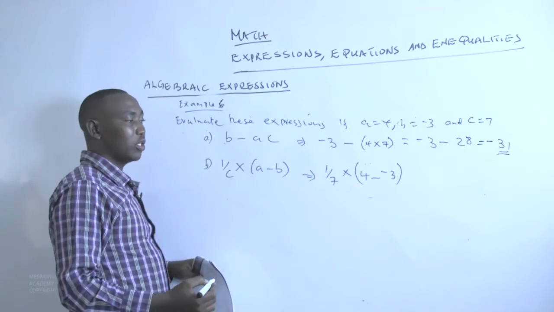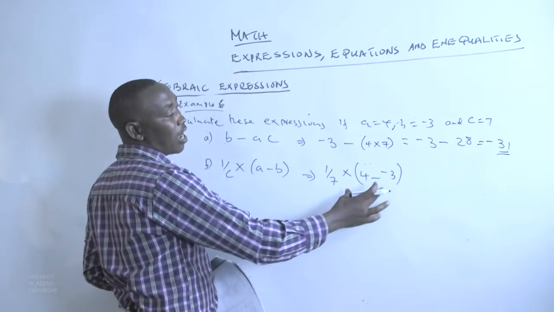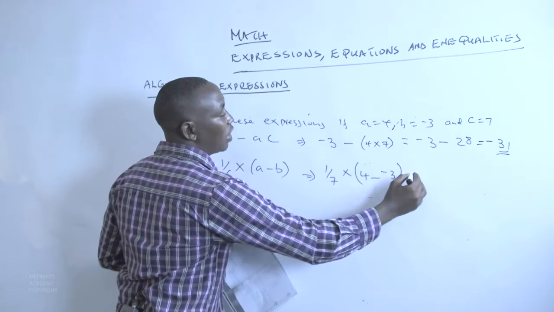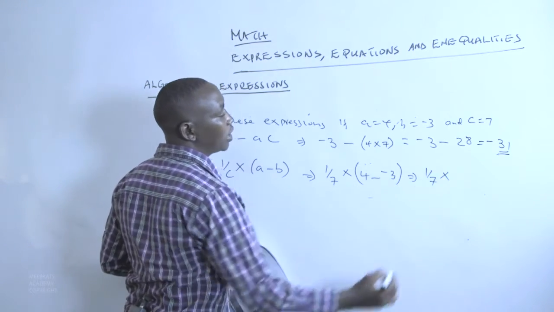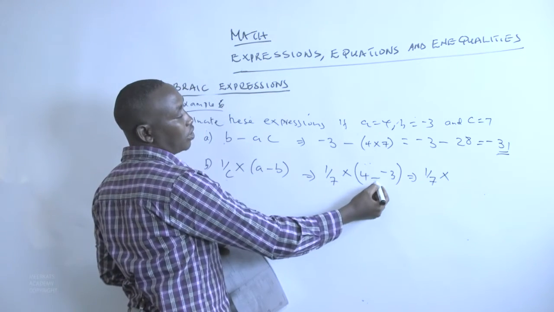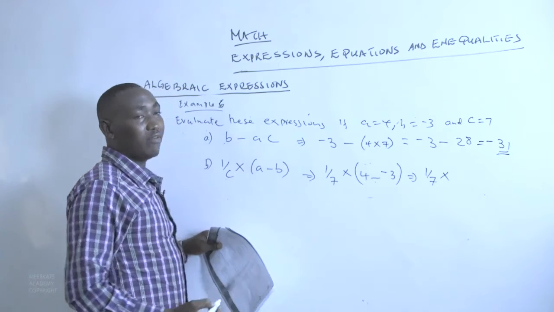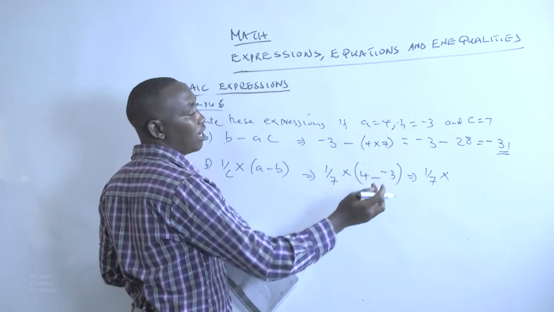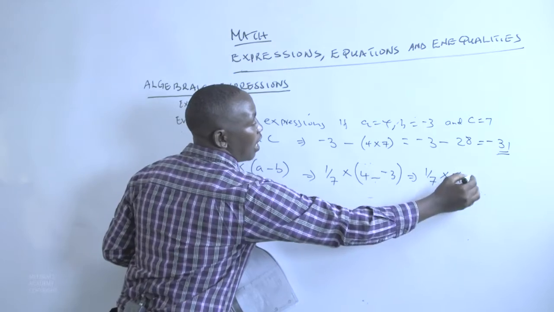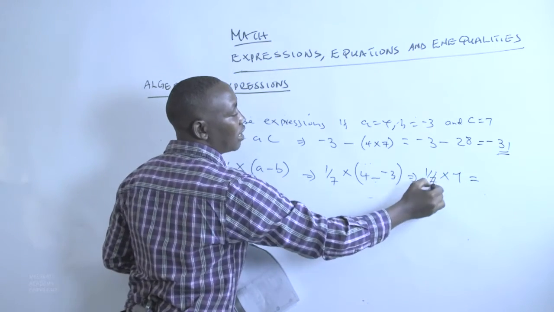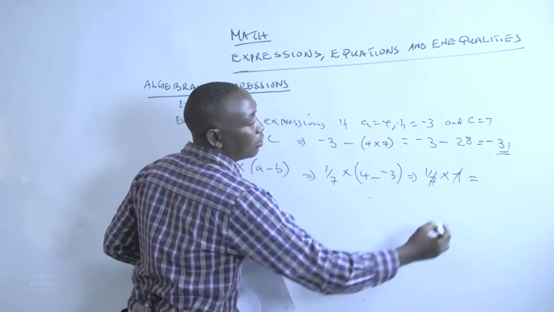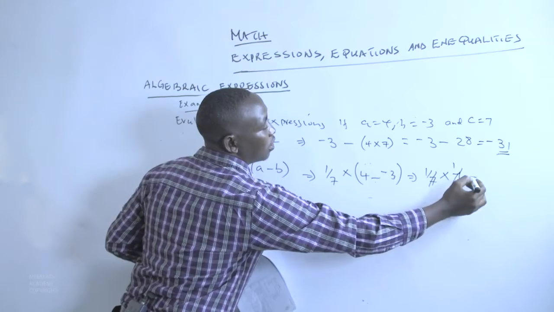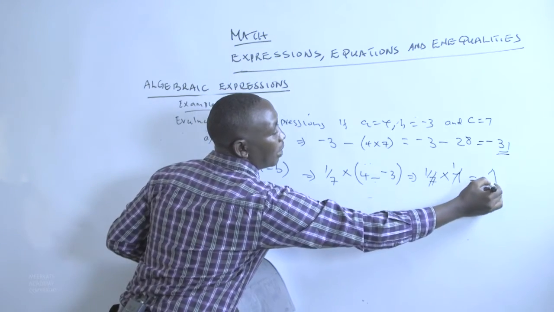In our order of operations, we begin by working out what you have in the brackets. And therefore, this is going to give us 1 over 7 multiplied by, and a minus and a minus will give us a positive. Therefore, this will be 4 plus 3, which is 7. And finally, when you multiply that, 7 and 7 will cancel out, leaving us 1 times 1, which is simply 1.